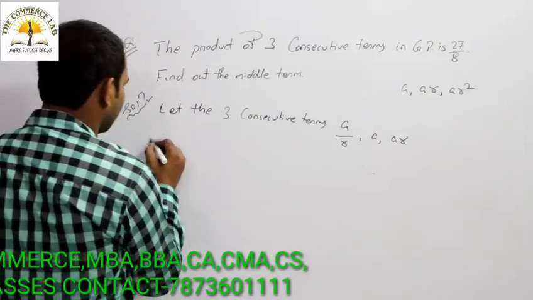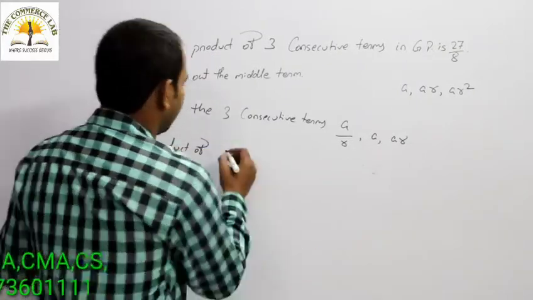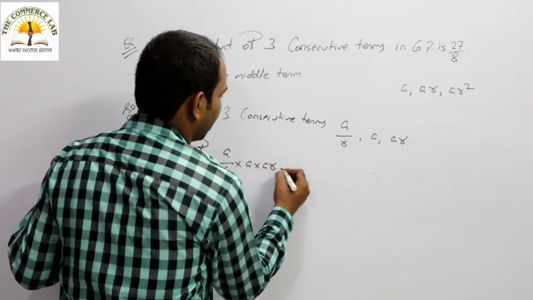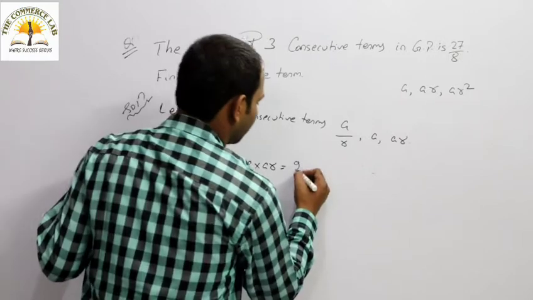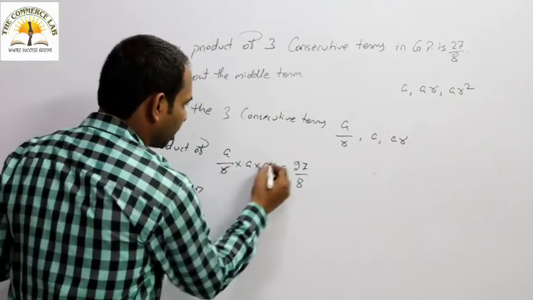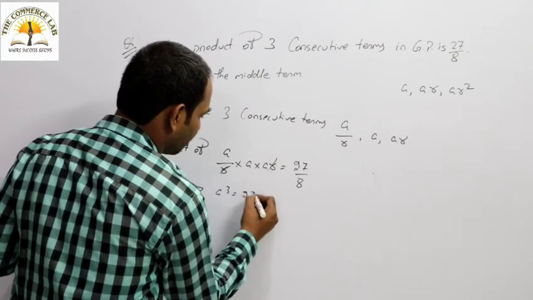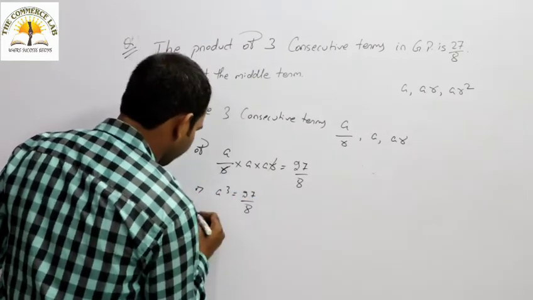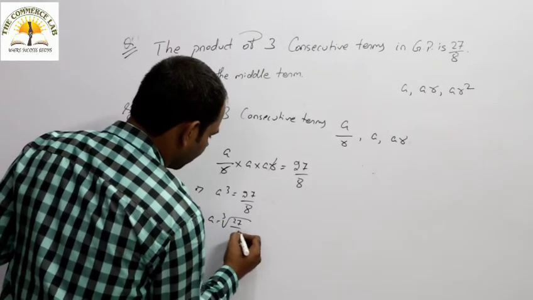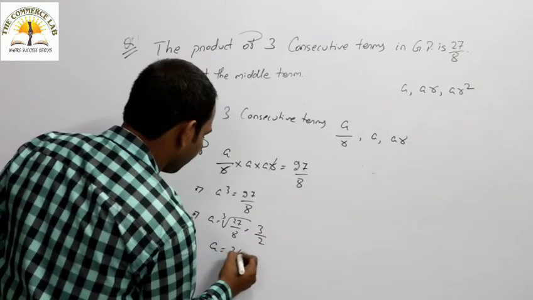Then the product of three consecutive terms A by R, A, AR is equal to 27 by 8 given, then R are cancelled, then A cube is your 27 by 8, then A is your cube root of 27 by 8, then 3 by 2.